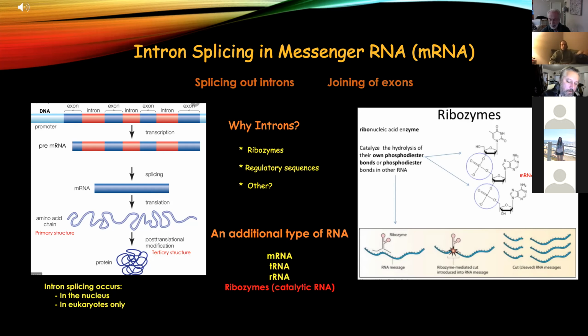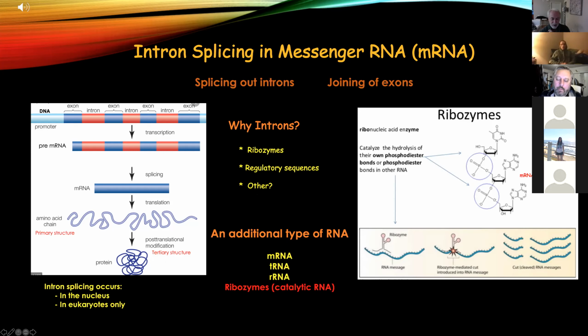So it's clearly not essential for life, but it's found in virtually all eukaryotes. Why are there introns? Well, some of them are ribozymes, which I'll mention in a minute. Some are regulatory sequences, which determine when real genes turn on and off. And then there are other functions for introns which are undiscovered.